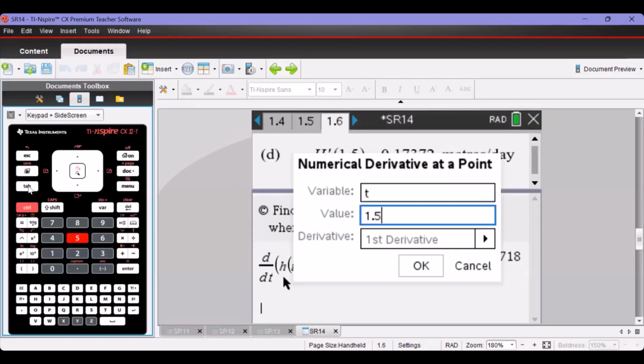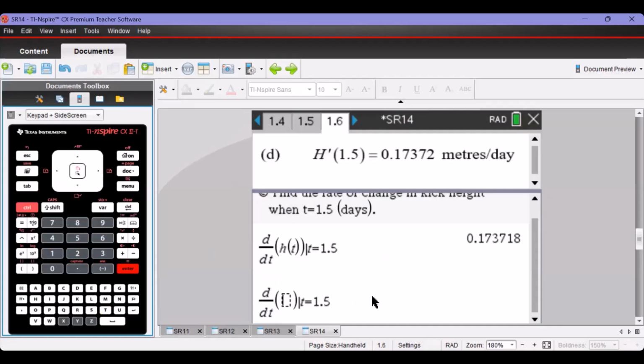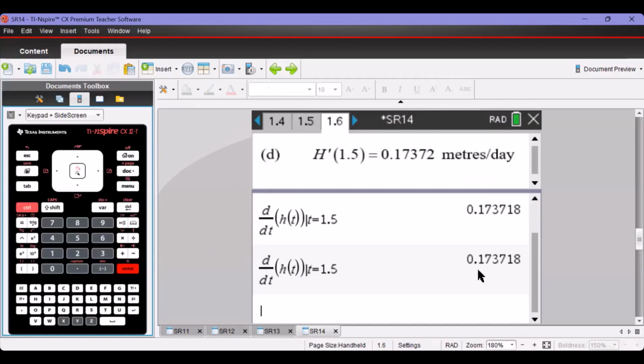We do want the first derivative, so we press tab again to highlight OK, and then press enter. And so all we need to do now is complete the template, and we achieve that just by typing in h of t, press enter, and we get our rate of change at t equals 1.5, 0.17372 meters per day.